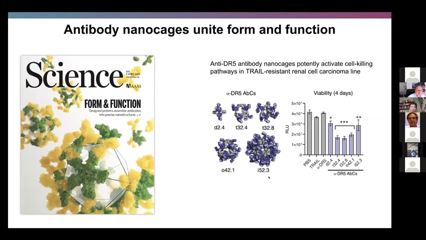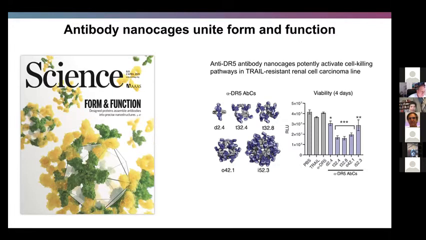So we can basically take this concept of matching the point group symmetries of regular polyhedra to make other types of nanoparticles. For example, this is one where we take antibodies, which are widely used in nanotechnology, and put them on the C2 axis, in this case of an icosahedron in the middle of an edge.